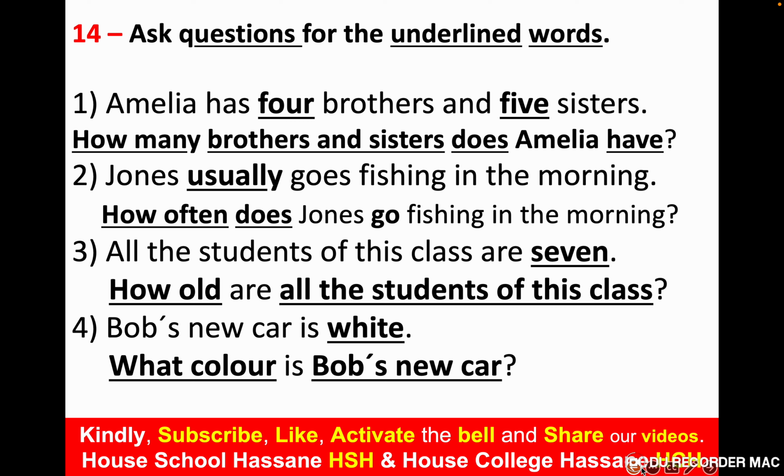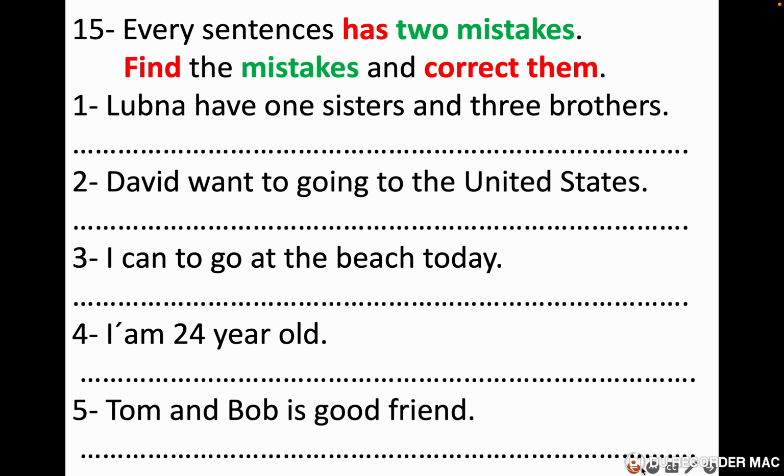Let's go to the last slide, slide number 15. In slide number 15, every sentence has 2 mistakes. Find the mistakes and correct them, or spot the mistakes and correct them. Sentence number 1, Lubna have 1 sister and 3 brothers. Let's find the mistakes.